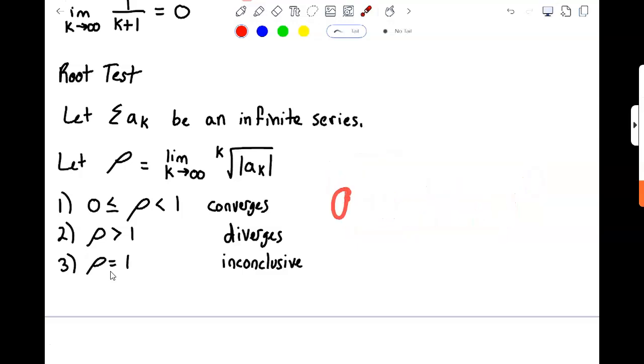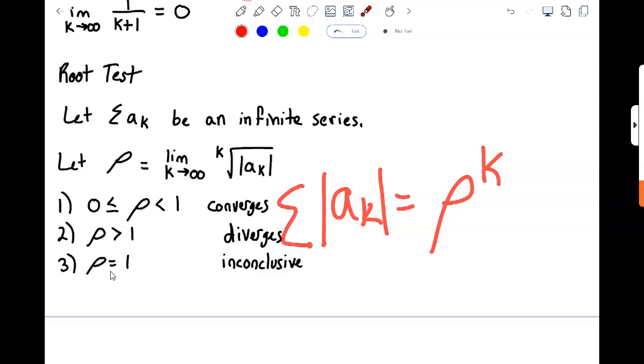And that would mean that |a_k| is approximately rho to the k, which would make this a geometric sequence. If we looked at the series of |a_k|, that's a geometric series roughly for a really, really big k at the end.